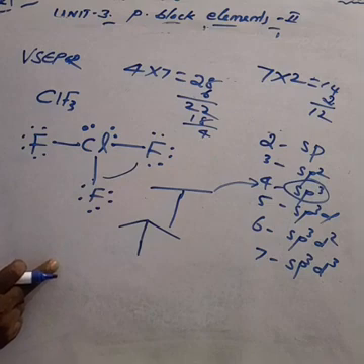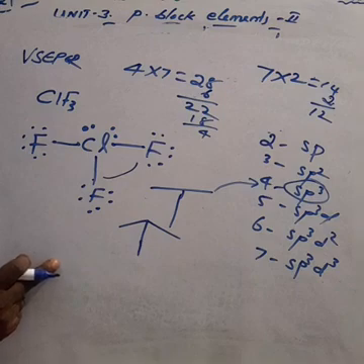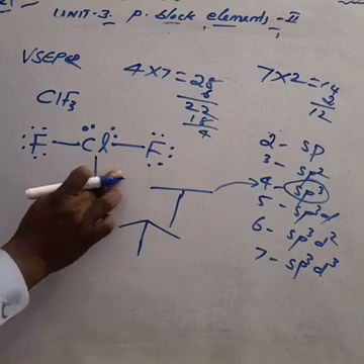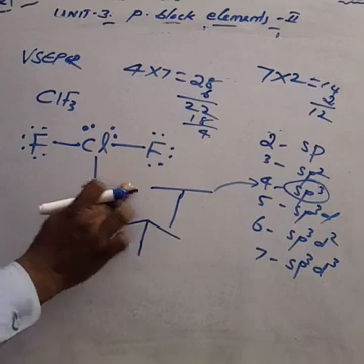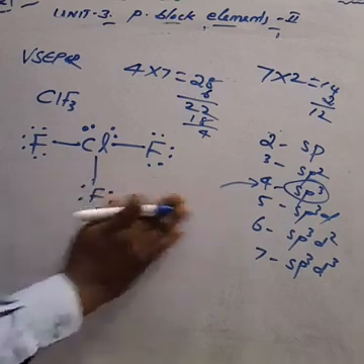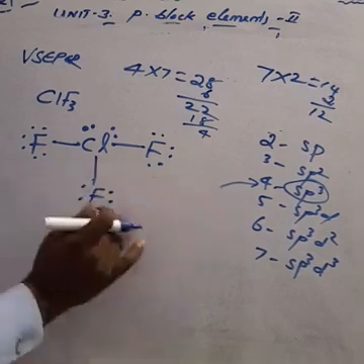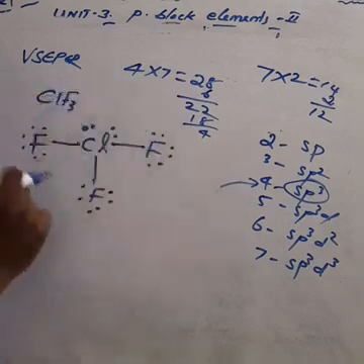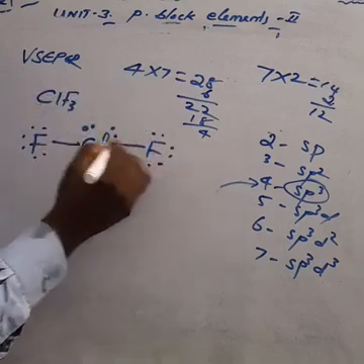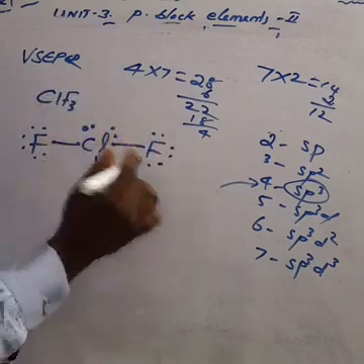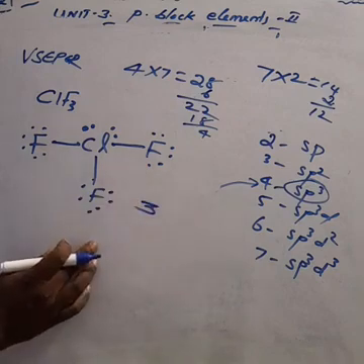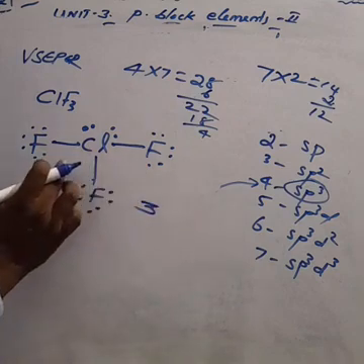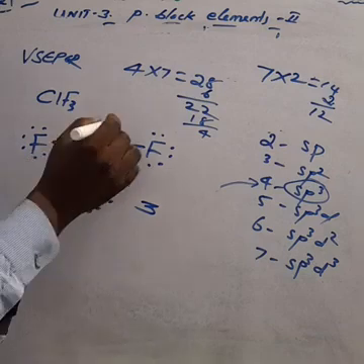So what is the hybridization? We can find the hybridization. For the entire molecule, not one fluorine, how many bond pairs are here? 1, 2, 3. So 3 bond pairs.